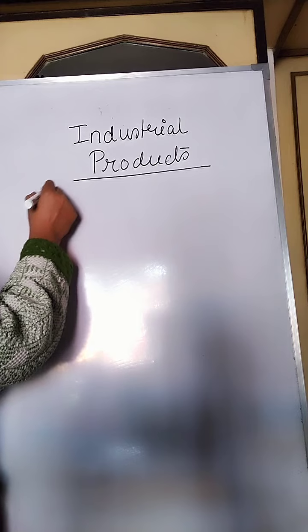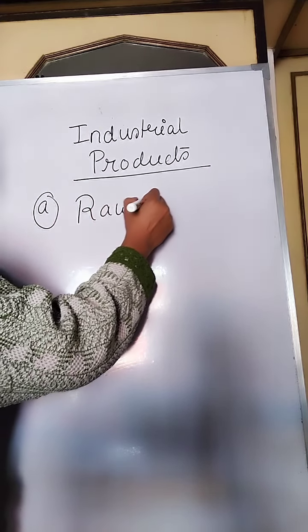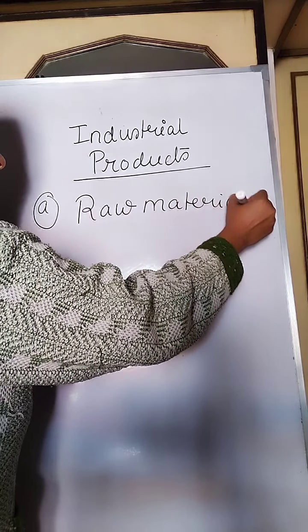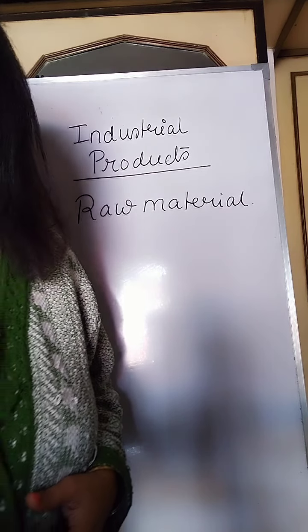First, among the 7 categories, lies the raw material category. Now, these are the basic natural materials that usually become a part of the physical product.